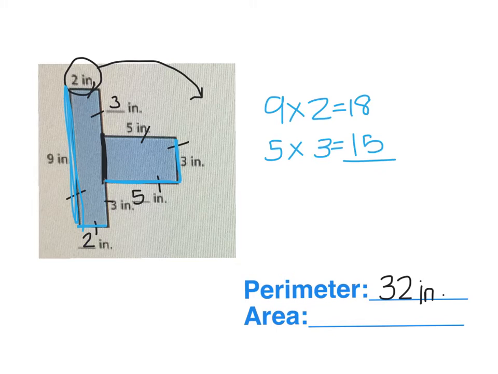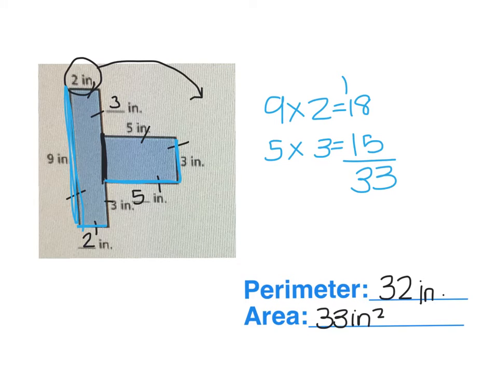But I want to find the total area of both rectangles, so I need to add together both areas, 18 plus 15. 3 and 3. The area of this complex figure is 33 inches squared.